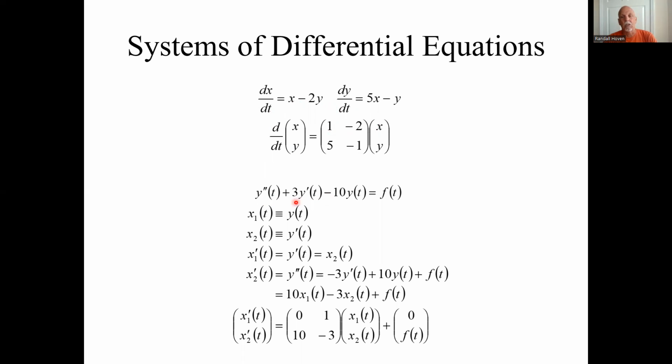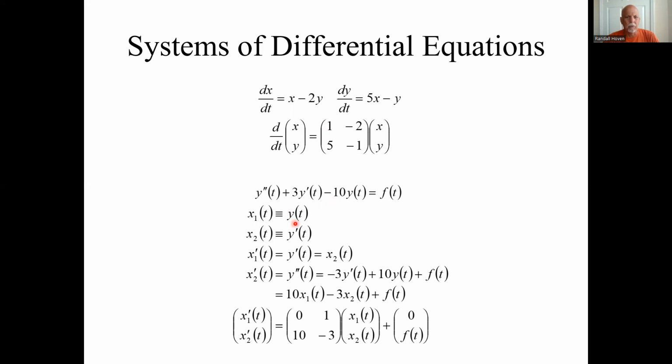Let's say you had this. It's all one variable, but there's a second derivative. Well, you can define another set of variables that are defined as these original variables and their derivatives. Let's say x1 equals y and x2 equals y prime, meaning the derivative with respect to t here. Then what's the derivative of x1?